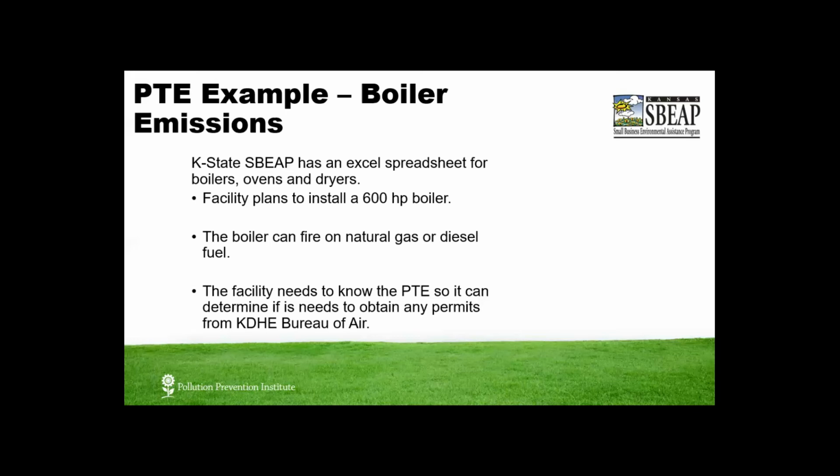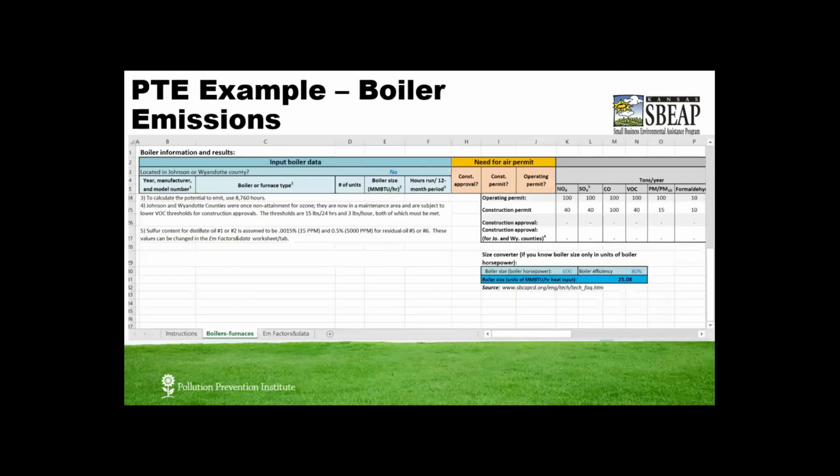When we talk about considering actual hours of operation, actual process throughputs, or control device efficiencies, those normally do not apply to calculating the PTE. Your actual emissions do factor in when determining the types of permits that will be needed or any restrictions that will be included in a permit.